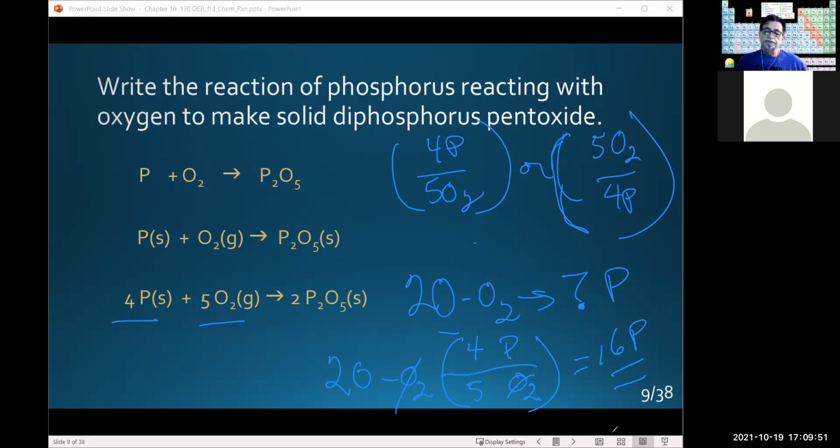Does my number look good? The ratio between 16 and 20, isn't that 4 to 5? Yeah. I could have doubled that, 32 to 40. Guess what? It's the same ratio. That's how we use the ratio once we balance a chemical reaction.